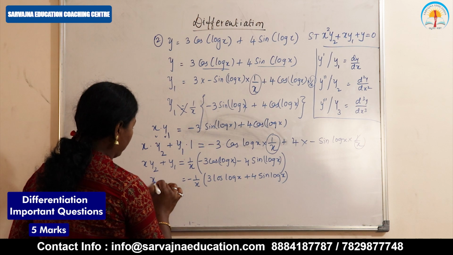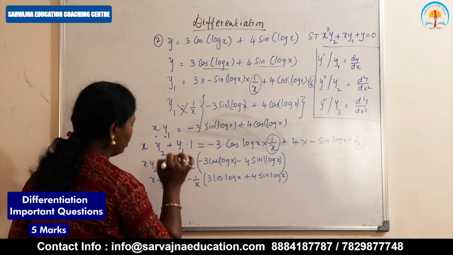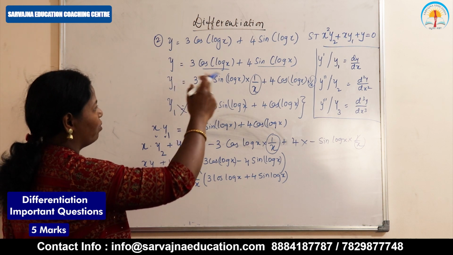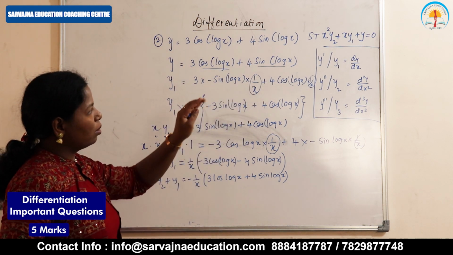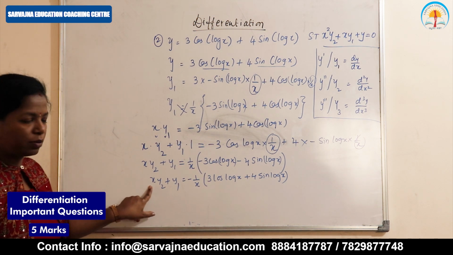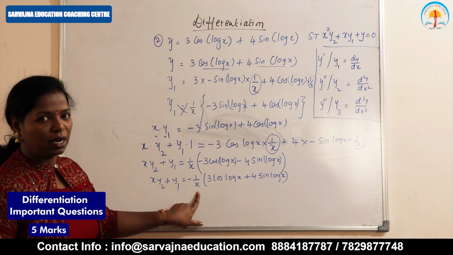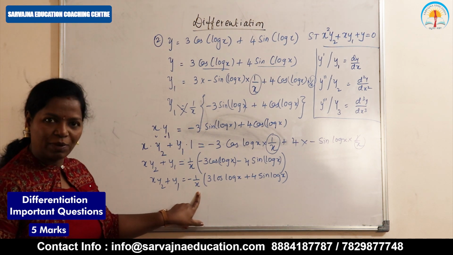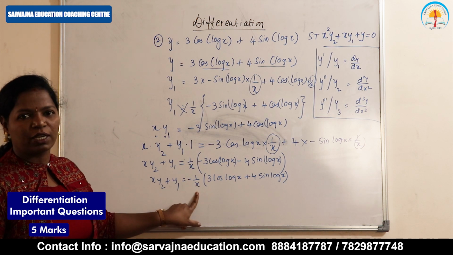So again x y2 plus y1. Observe the question. There is x square y2 plus x y1 plus y is equal to 0. Before y2 there is an x square, correct, right? Here before y2 there is an x. And the right hand side already has a fraction. I told you, if you have a fraction in the right hand side, you have to do the cross multiplication. Now I have to do the cross multiplication here.